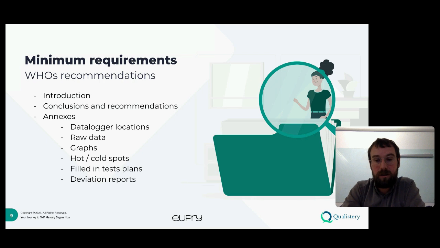So the methodology that you've chosen in order to prove acceptance with the acceptance criteria that derive from the user requirement specifications and so forth into your mapping protocol, those should live on to the mapping report, and there should be a clear link between those and any deviations between those specifications and the final reporting.